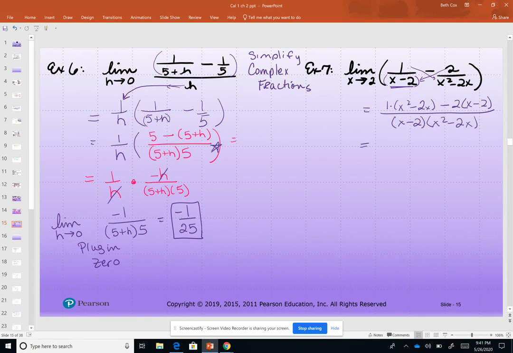Let's look at our numerator. But you just said you weren't going to multiply them out. Well, I'm going to multiply out my numerator, but I'm not going to multiply out my denominator. Now my numerator is x squared minus 4x plus 4. I can factor that.